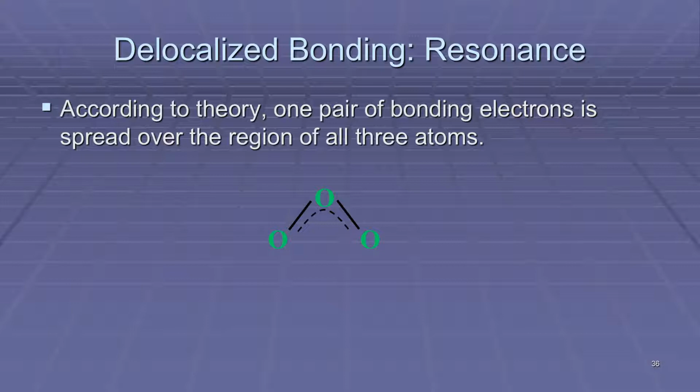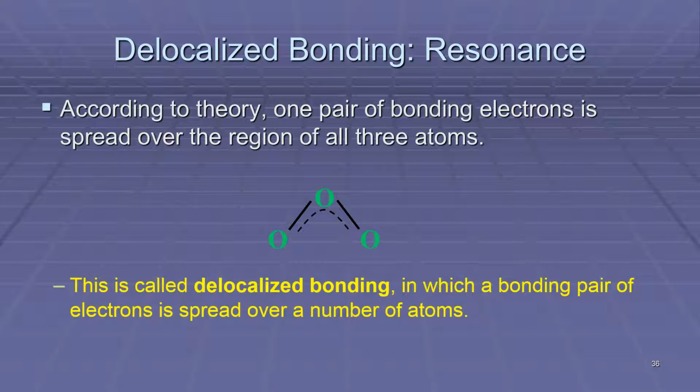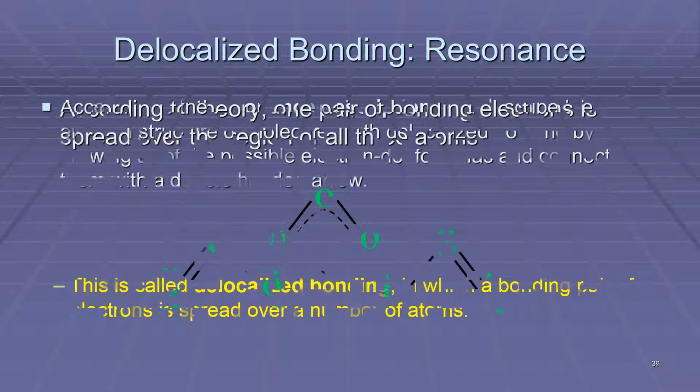The one bonding pair is actually spread over 3 atoms. And so it's called a delocalized bond because the bonding pair is spread over more than 2 atoms. So it's actually like each OO bond is 1.5 bonds. The easiest way for us to represent that is shown on the next slide.